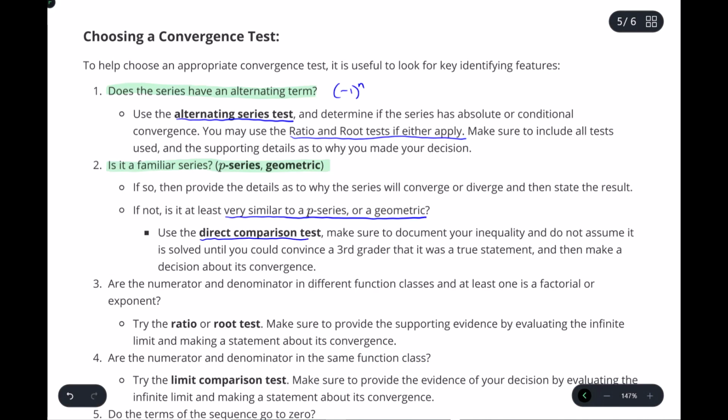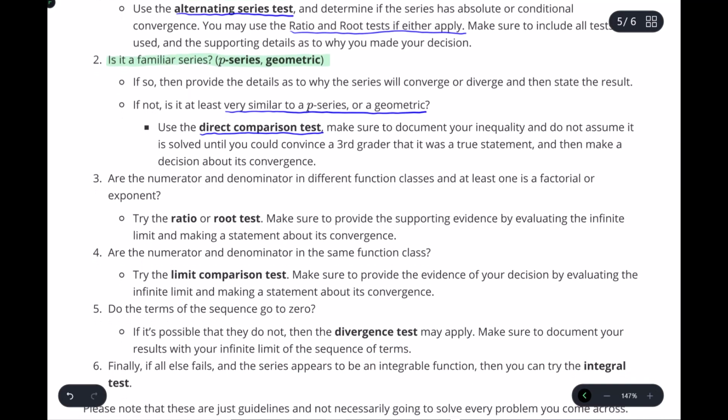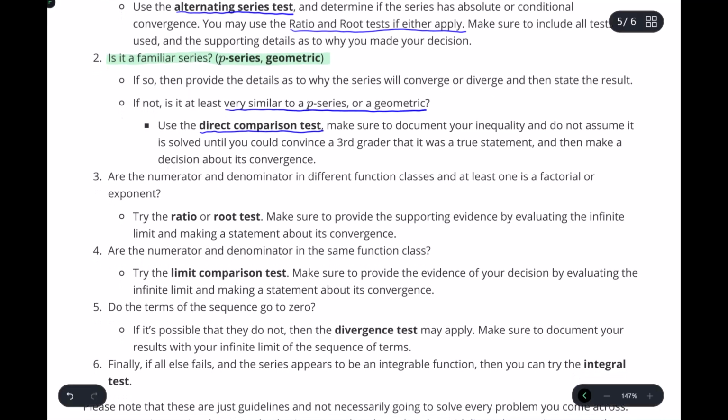The direct comparison is a great one to use from the beginning, or the limit comparison, but I generally reserve the limit comparison for polynomial functions. Then if that doesn't apply, compare the functions in the numerator and denominator, and see if they are in different function classes, and possibly if one is a factorial or an exponent.